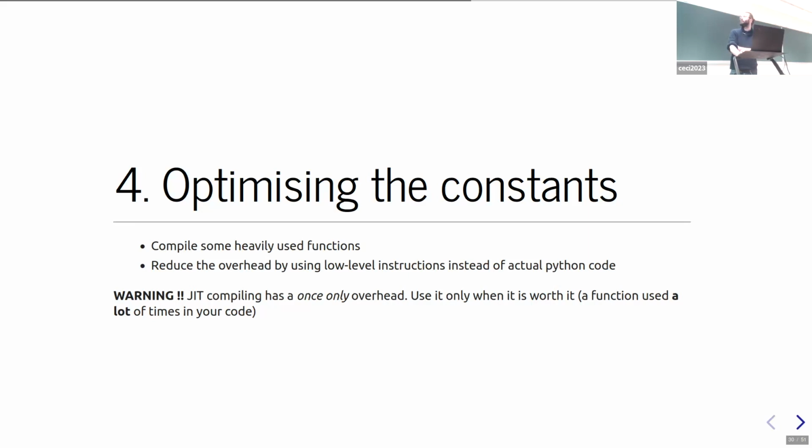Here I'm going to introduce you to JIT compilation. JIT stands for just in time. I'm going to talk a bit further on that later. The idea here is to compile some reused functions. Python is interpreted, and this comes at a certain cost.